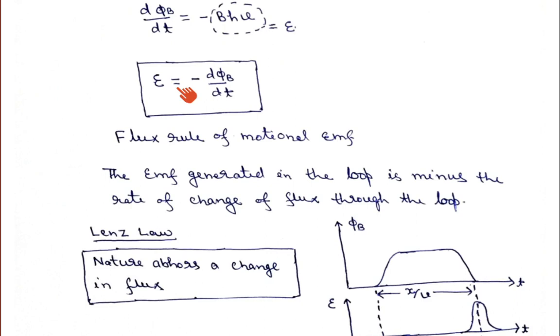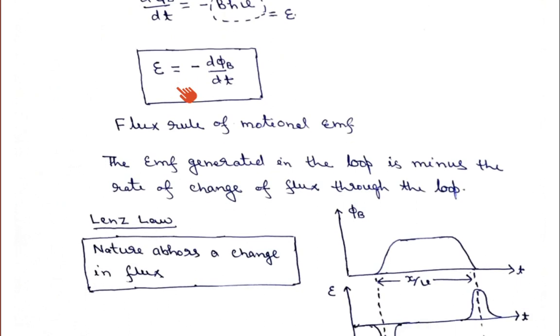Because of that, current flows through the resistance, a potential difference is developed, and because of the potential difference current flows in the circuit. If you have a bulb, the bulb will light because of the motion of the circuit.